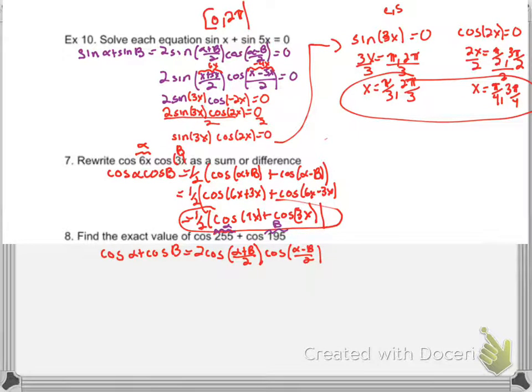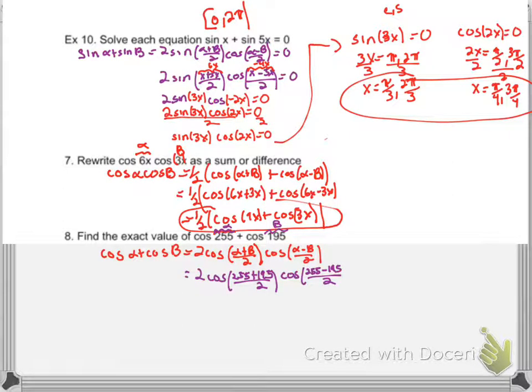So I can go through and rewrite this as 2 cosine of (255 plus 195) over 2 times cosine of (255 minus 195) divided by 2.